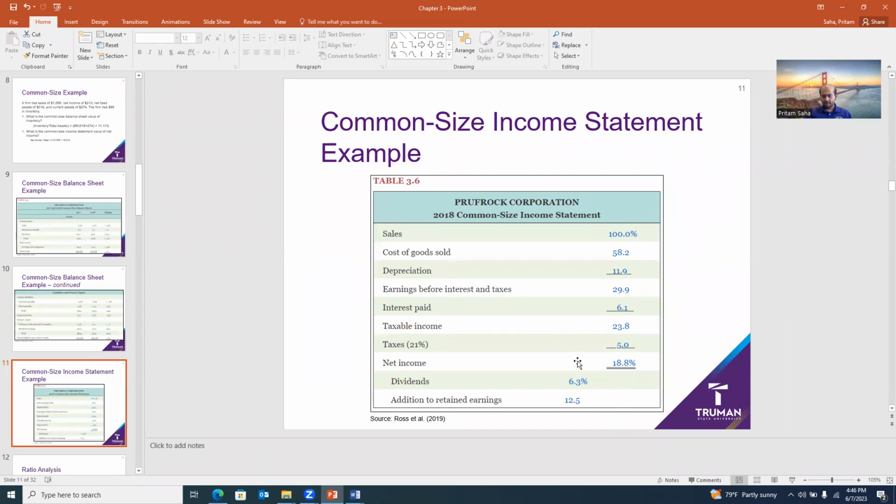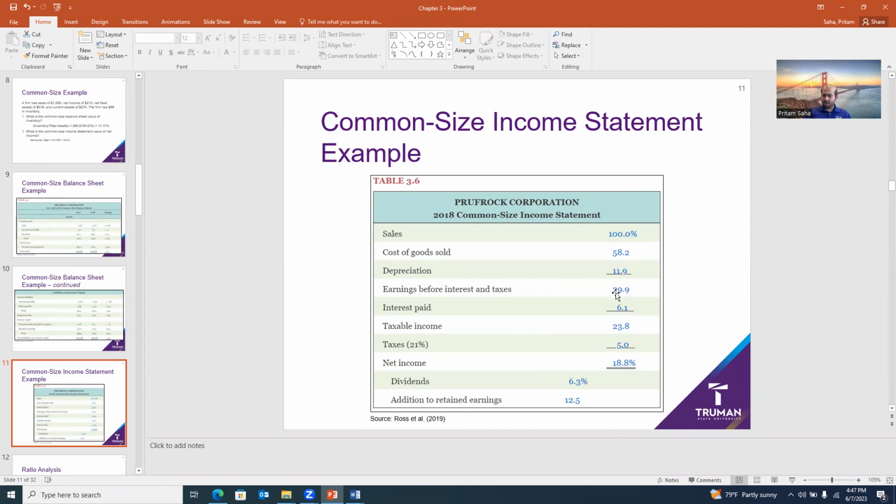Now, the income statement. Sales scaled by sales is 100%. So you can say that for generating $1 worth of sales, the company has a cost of goods sold of 58 cents, or you can say 58%. Depreciation is 11.9%. The company's operating profit margin is 29.9%.